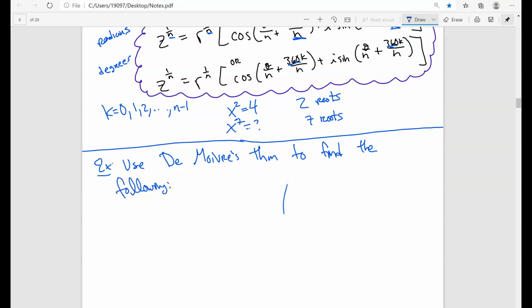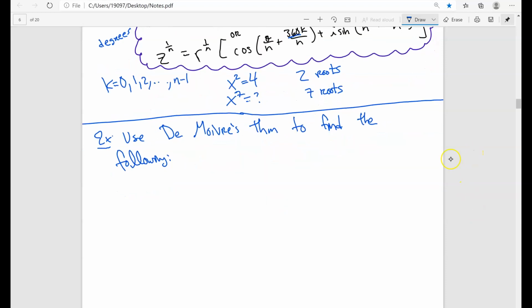We have z equal to negative square root of 3 plus i, to the power of 6. So you have this complex number, and you'd be foiling everything out 6 different times. Obviously that's not going to be very nice to do.